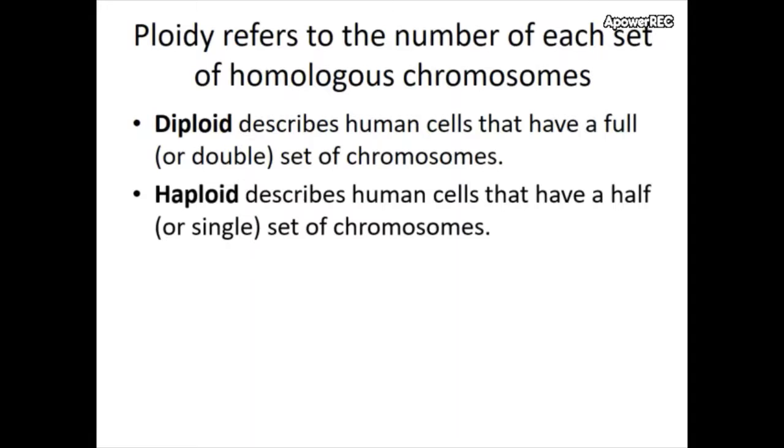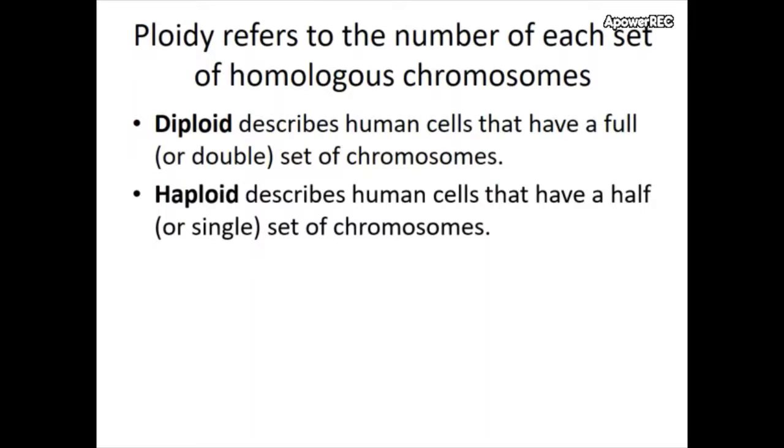However, there are some human cells that only have a single copy of each chromosome. So in that cell, if you were to zoom in on their chromosomes, you could only count 23 chromosomes per cell.